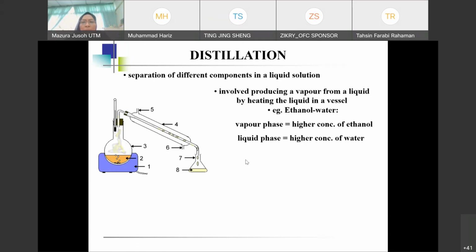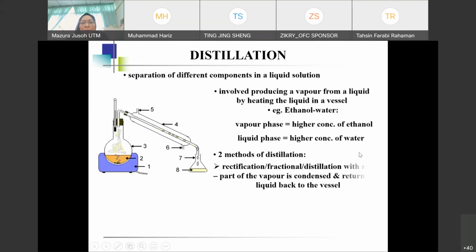So if you heat up a mixture of ethanol and water, in the vapor phase we will have a higher concentration of ethanol, and the liquid phase that is left behind will have a higher concentration of water, which is the less volatile. Less volatile means the boiling point is actually higher than the other component.